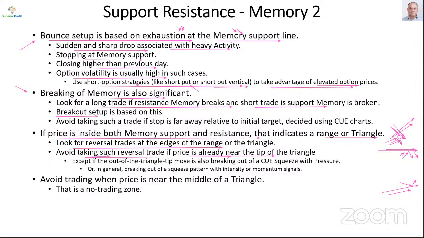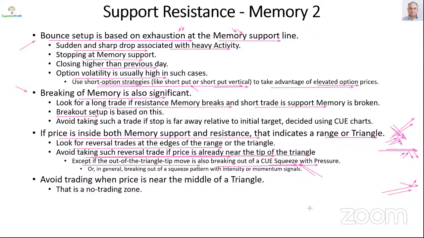Now I mentioned avoid taking reversal trades if price is already near the tip of the triangle, but there is an exception. The exception is if the move out of the triangle tip is also breaking out of a Q squeeze with pressure. Because by definition of Q squeeze, volatility is very low, price is not moving much. This Q squeeze I mentioned is based on the stock's price volatility, not on option volatility. So the stock's price is not moving much.